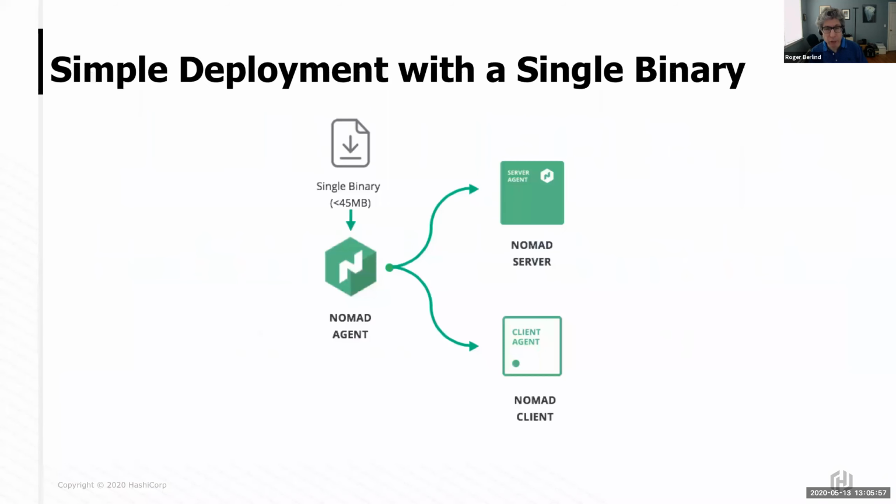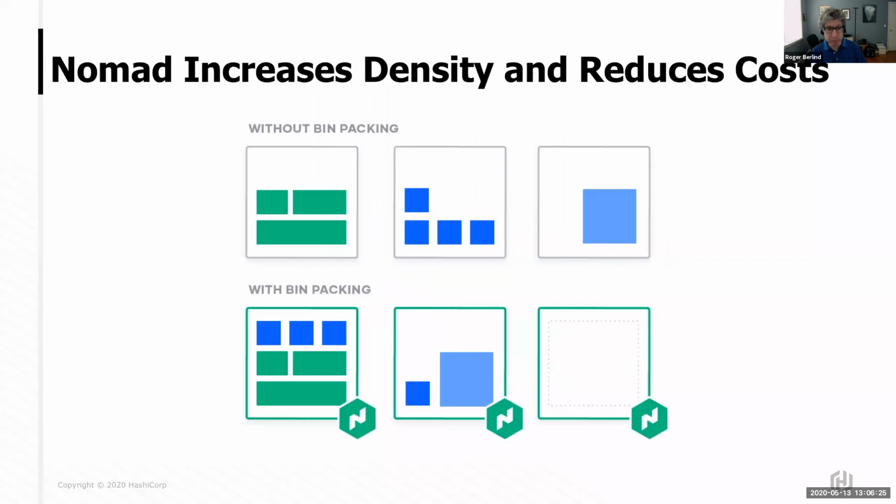One of the advantages of Nomad is that it has a single binary that is used both for the Nomad servers that manage a cluster and by the Nomad clients, which are where the applications actually run. So Nomad has a very simple architecture, very simple design. You don't have a lot of different pieces to deal with and configure and worry about. It's very simple to download the small binary and start running Nomad servers and clients.